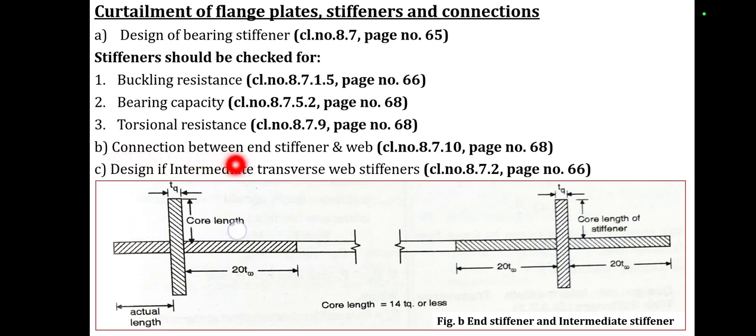Then the connection between the end stiffeners and the web is calculated from clause number 8.7.10, page number 68. And lastly, the design of the intermediate transverse stiffener is from clause number 8.7.2, page number 66. This is the diagram of the end stiffener and the intermediate stiffener, showing the core length, the actual length from center to center, the horizontal stiffener and the intermediate stiffener.